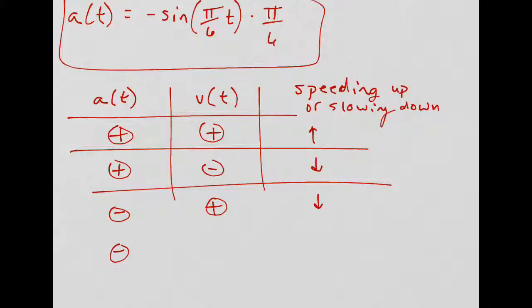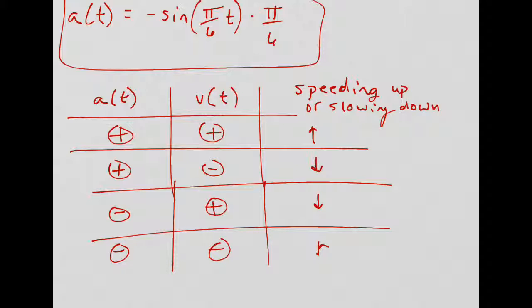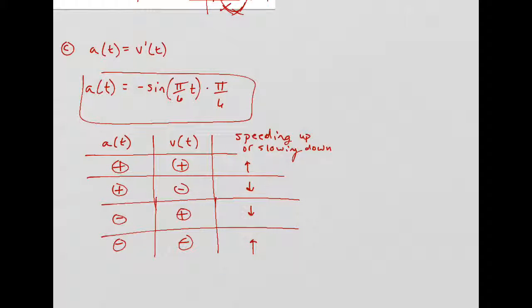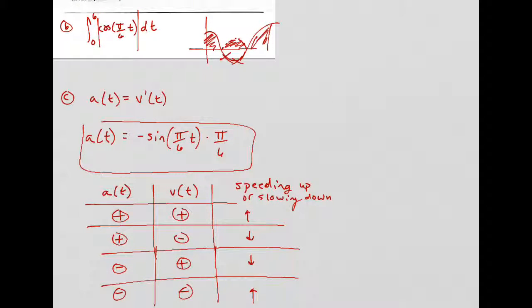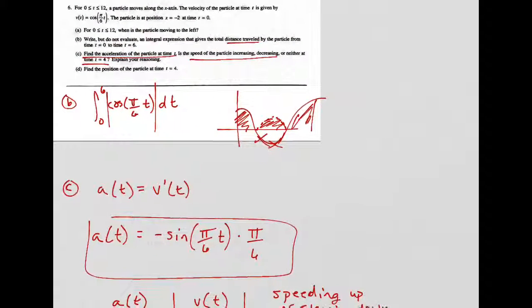If the particle was going backwards but also has negative acceleration, it would be speeding up. That's weird. So that's what I'm going to be looking for. Just find the sign of acceleration and the sign of velocity, and explain our reasoning just like we just did.